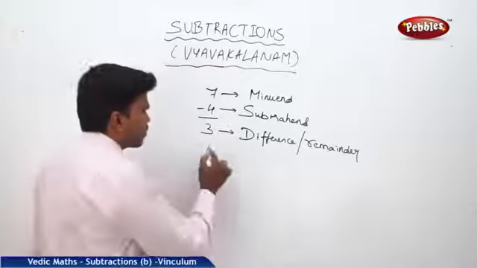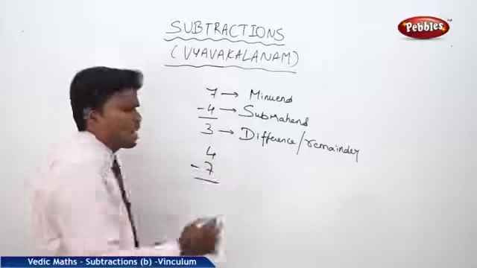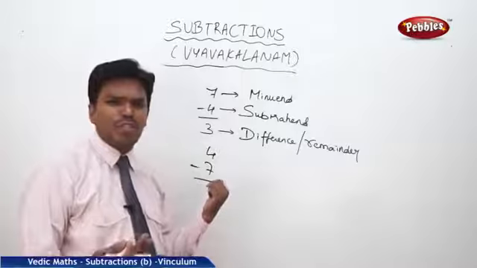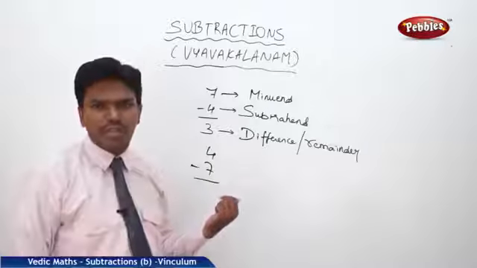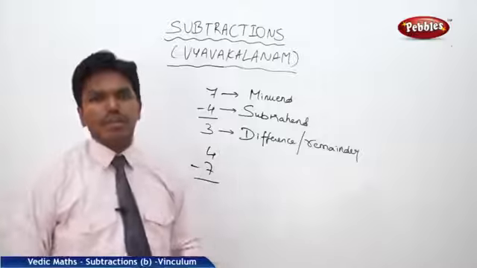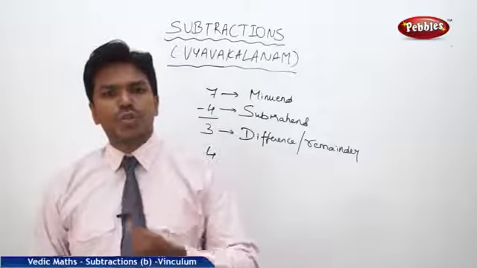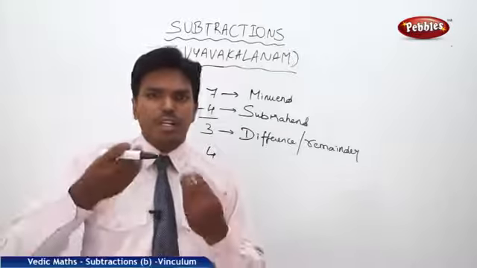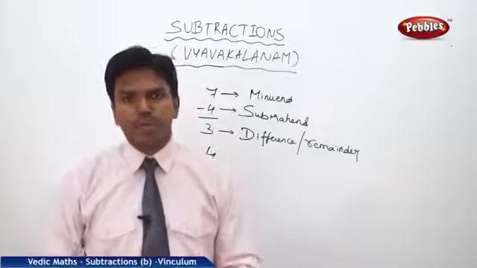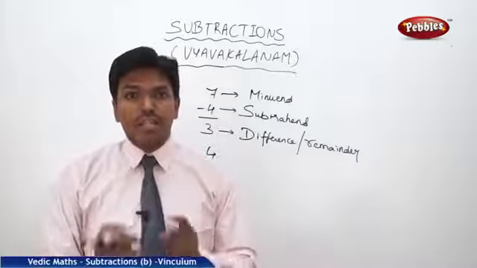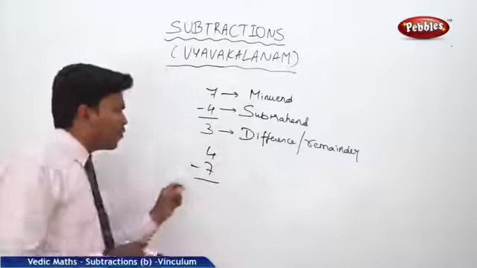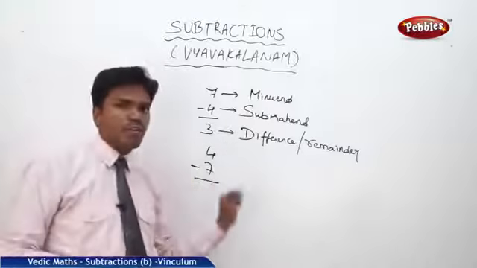Okay. Now suppose 7 minus 4, yes, it is possible, we write the answer directly, 3. Suppose I write it like this, 4 minus 7. This time is the subtraction practically possible? Suppose for example you have 4 rupees, and your friend came and asked you to give 7 rupees. You don't have 7 rupees with you, so giving is not possible, subtraction is not possible practically. So in such conditions, what we are going to do is subtract the above number from the below number.